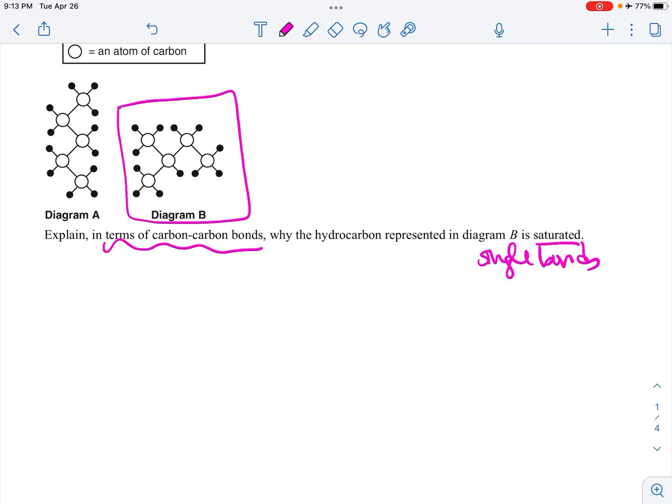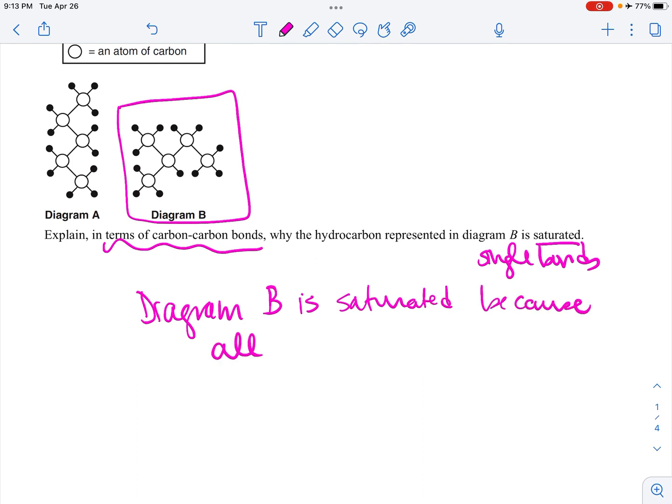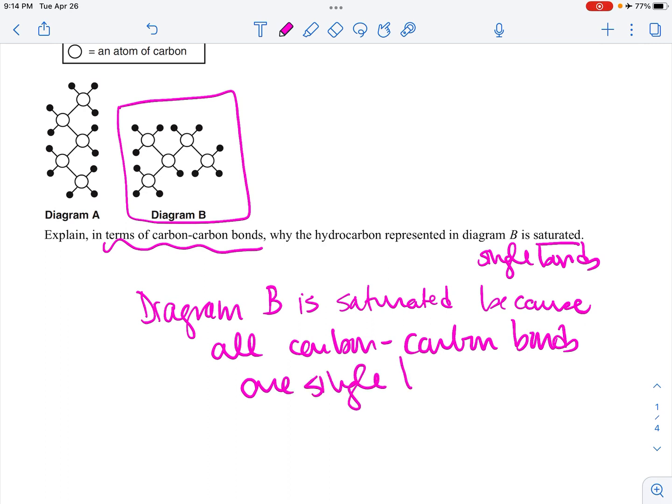So I'm going to say, and also don't write too much: Diagram B is saturated because all of the carbon to carbon bonds are single bonds. Done.